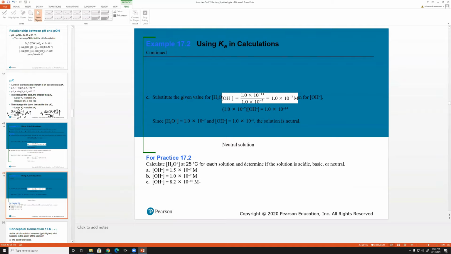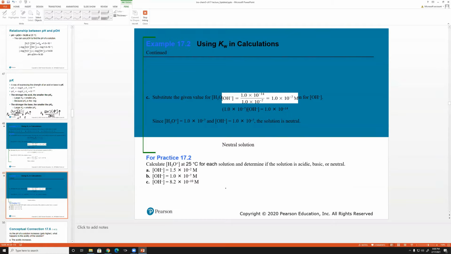Anybody got the answer for C? pH is 4.9. That looks right to me. And it is acidic, right? So it's acidic because the OH minus concentration is lower than 10 to the negative 7. It's a lot lower. It's 10 to the negative 10.